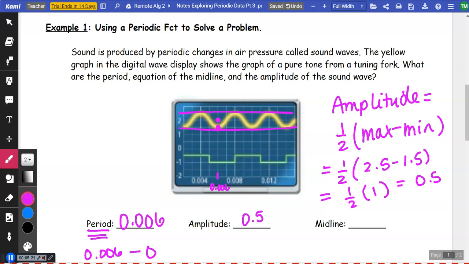So I would say that our midline is the equation y equals 2. And that checks out because 2 is 0.5 away from the maximum, and it's also 0.5 away from the minimum. So it matches our amplitude. So our midline is y equals 2.